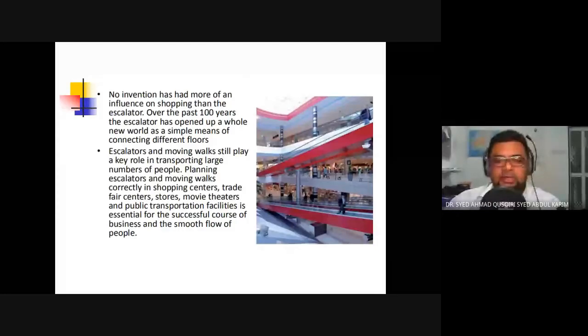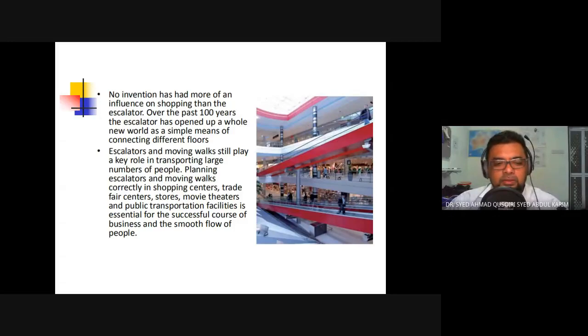A significant feature of escalators is that they are able to manipulate the movement of pedestrian traffic. This is important, especially in areas where there's a lot of people. Planning escalators and moving walks correctly in shopping centers, trade fair centers, stores, movie theaters, and public transportation facilities is essential for the successful course of business and smooth flow of people.